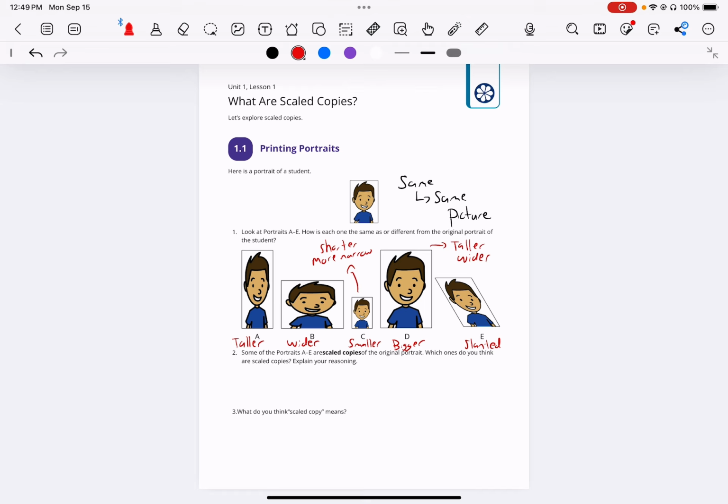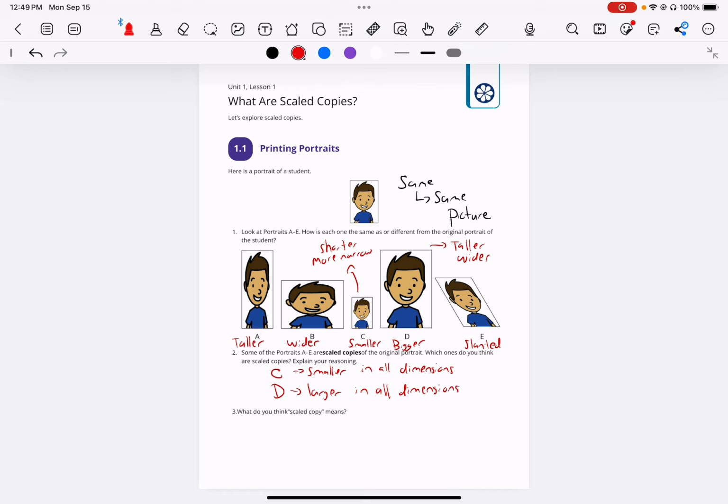Now some of these images are scaled copies of the original portrait. The ones that are scaled copies are C and D. And the reason why they're scaled copies is because C just became smaller in all dimensions and D became larger in all dimensions.